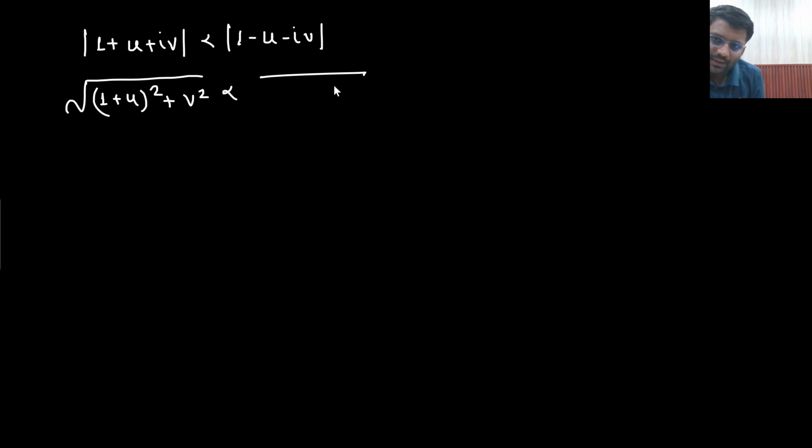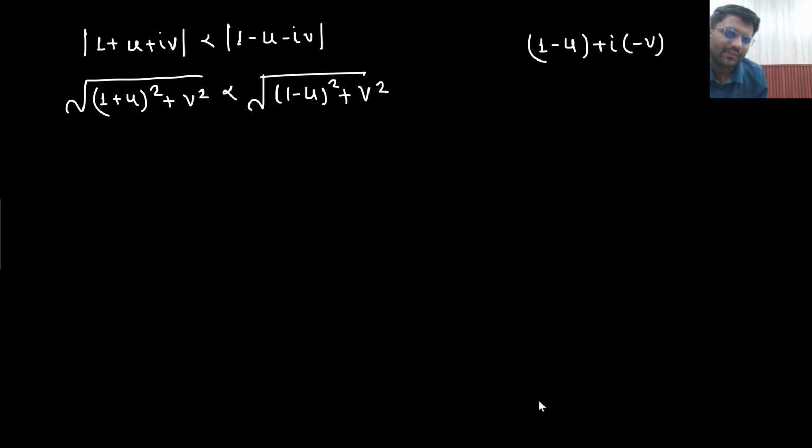What you are getting? Under root (1 plus u) square plus v square would be less than under root (1 minus u) square plus v square. Simply I am taking the magnitude. This is (1 plus u) plus iota v, so a square plus b square.